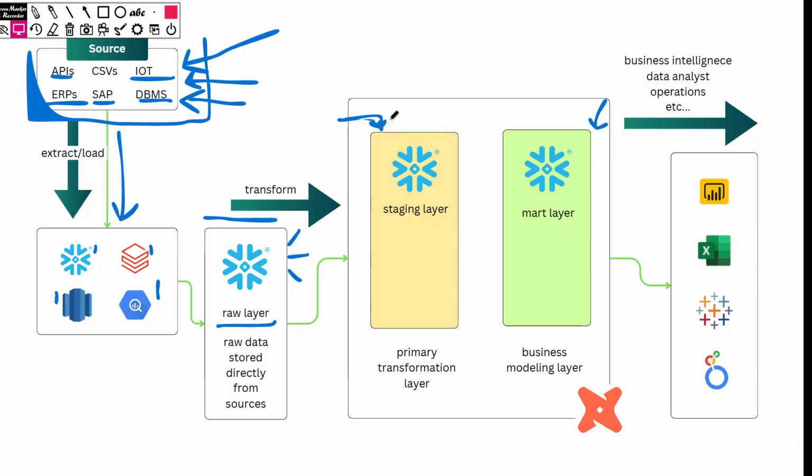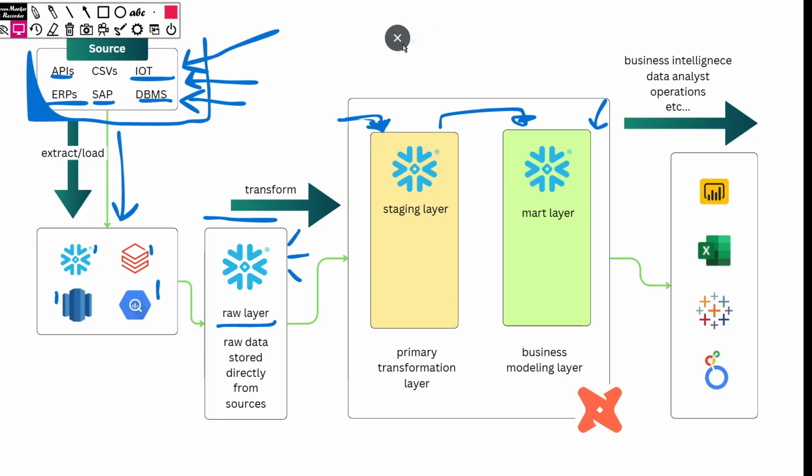Like I said, this second layer is where you start your transformation. This is where you want to ensure that your data is in the proper order before you start building out business models out of it. So from your staging layer, you now move over to your marts layer. Now, your marts layer is where you start building out business logic, business models, business KPIs, and the likes.